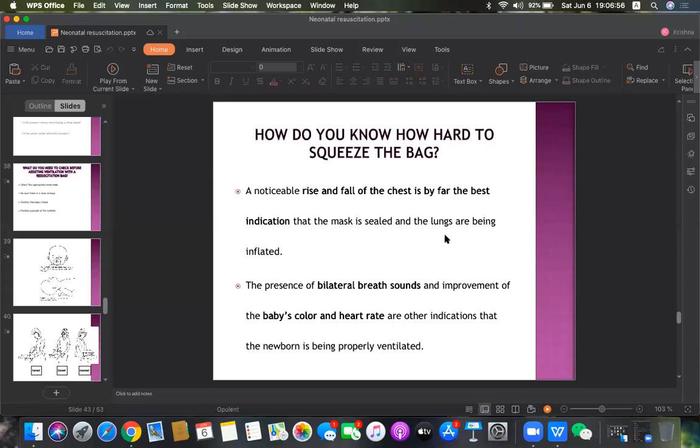Okay, in the beginning probably the heart rate was low, but right now the heart rate should rise up and up. And if there is pulse oximetry which is attached, that pulse oximetry should show good amount of oxygenation to the baby. So these are the different ways which will tell you that you are doing resuscitation quite well.